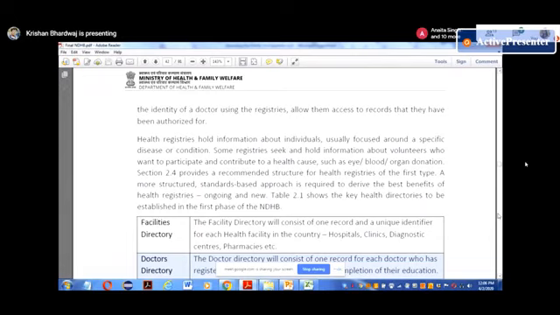Now another example: if I have to sell the same land to another person, then again we have to go to the registrar office and register our transaction, that this title has been transferred from A to B. Unless that is done, even if I take the money from the buyer and don't get it registered in the registrar office, that transaction will be invalid in the eyes of law.